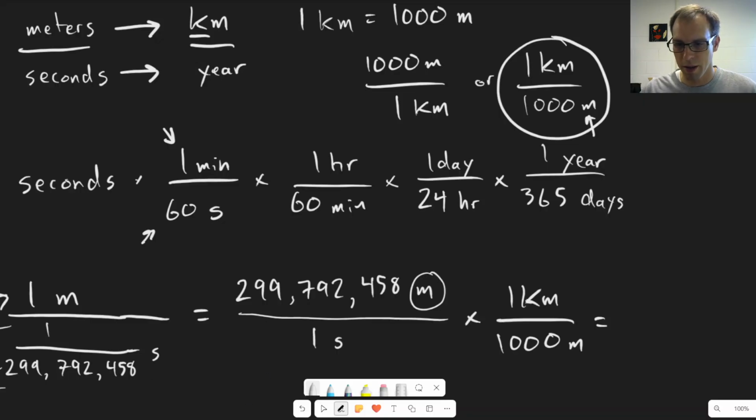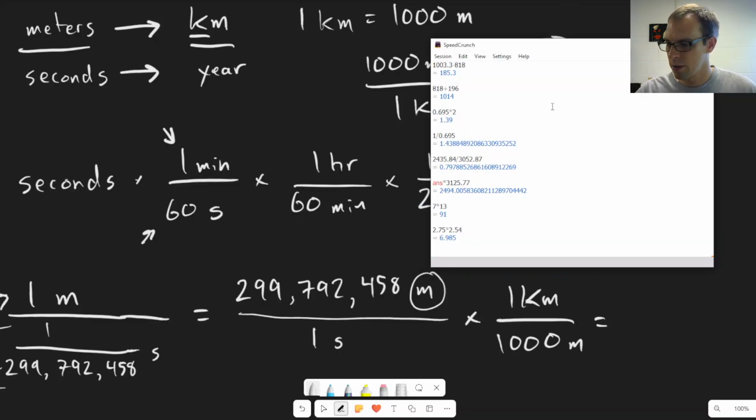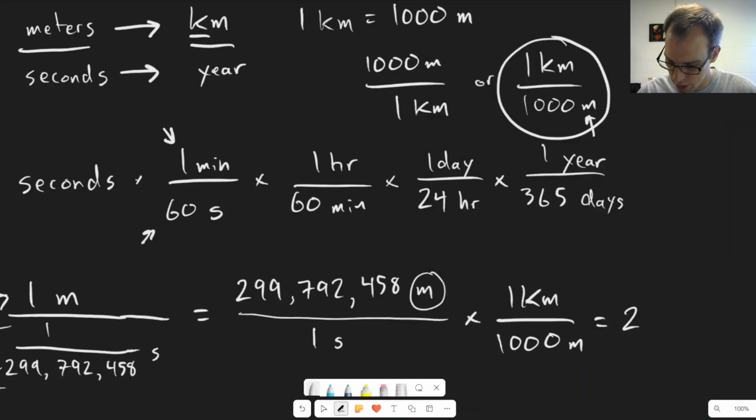So let's pull up my calculator here. 299,792,458 divided by 1,000. That's just going to move the decimal place over 3 spots. So 299,792.458 kilometers.